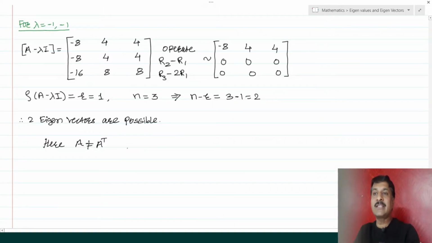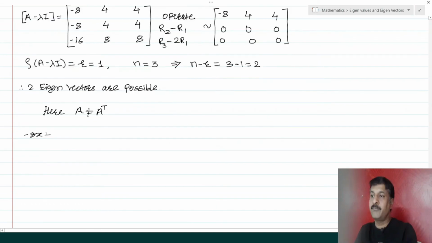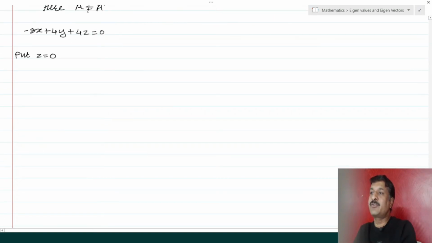From the last matrix, I am getting one single equation, which is nothing but minus 8x plus 4y plus 4z equal to 0. So to find two eigenvectors, note that we put z equal to 0. What does this imply? Minus 8x plus 4y equal to 0.